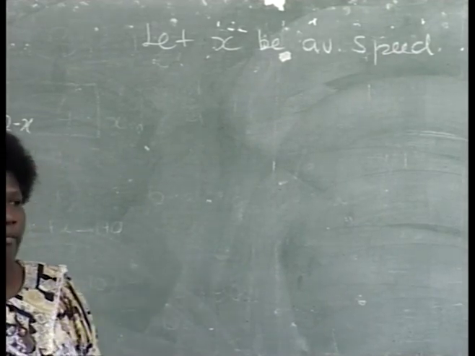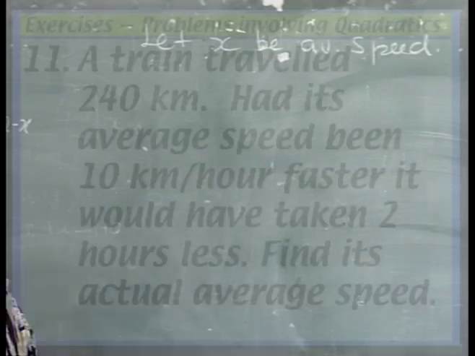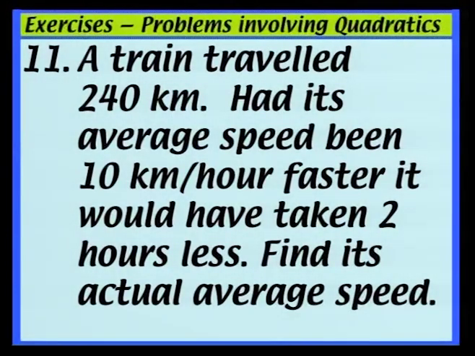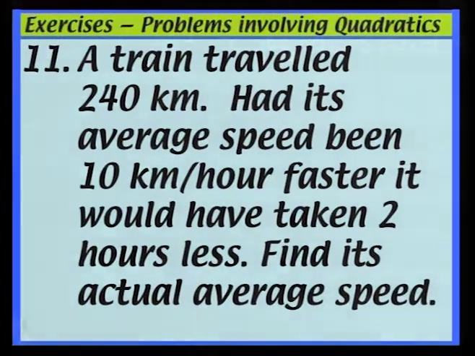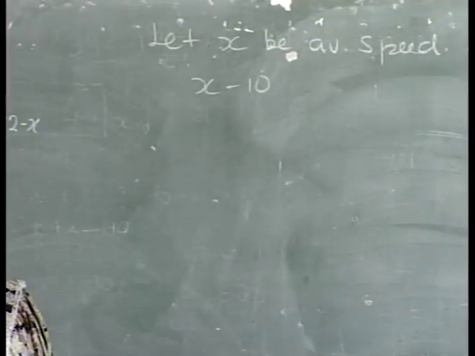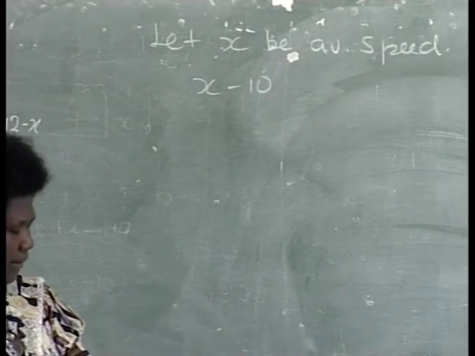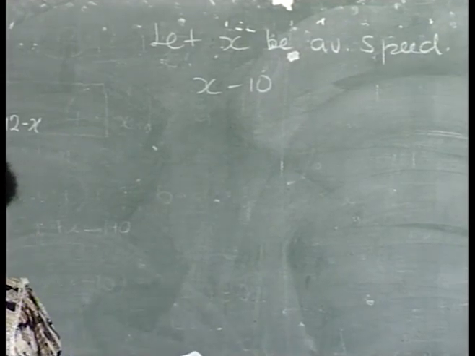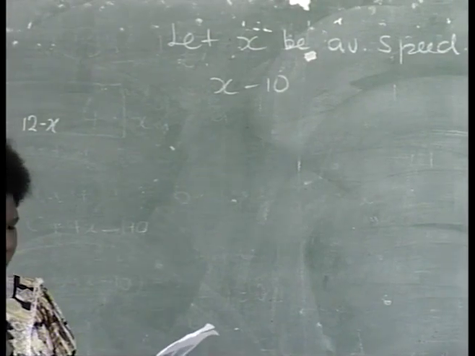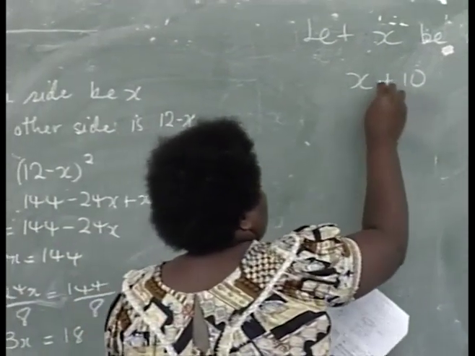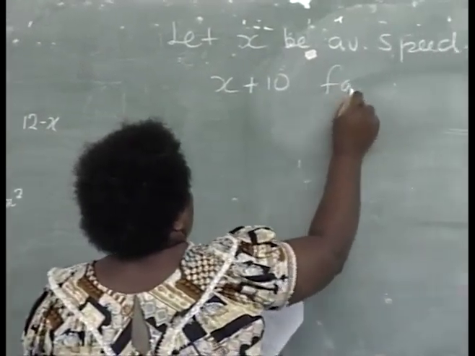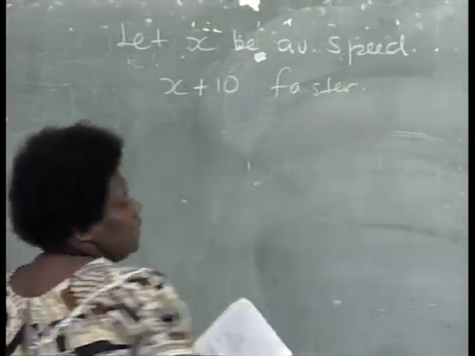Okay, this train traveled 240 kilometers. But then it says it traveled 10 kilometers per hour faster, which means it traveled x plus 10 kilometers per hour. So we say x plus 10, faster, not minus.